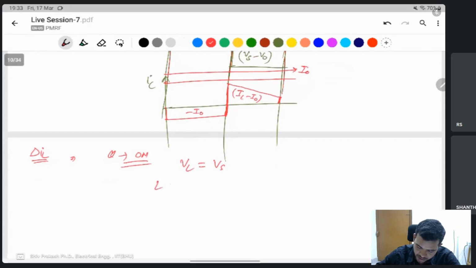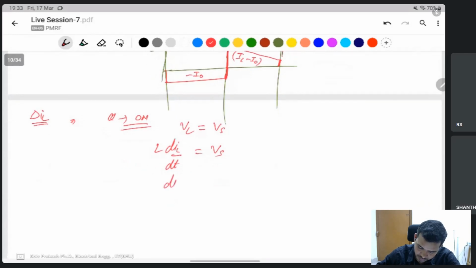Inductor current is written as delta IL by DT, dI by dt, Vs. DIL is Vs by L into dt. Integrate this one from I minimum to I maximum. This one integrates from 0 to DT.